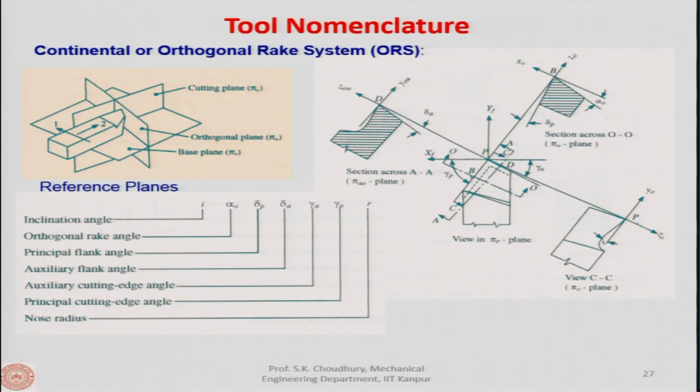In both of these systems, that is the ASA and the ORS, these angles which define the inclination of the rake face, inclination of the flank face or the inclination of the cutting edges, they do not coincide with the angles when the tool is in the working condition or when the tool has to be reground. Okay. What does it mean, tool has to be reground? It is when the geometry of the tool is lost, like it is worn out.